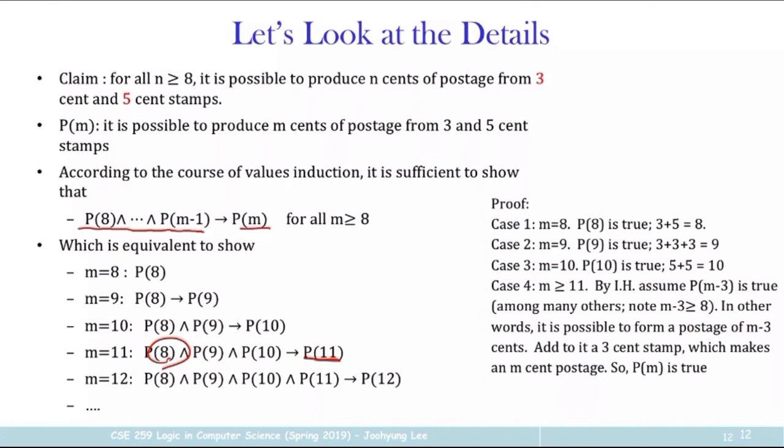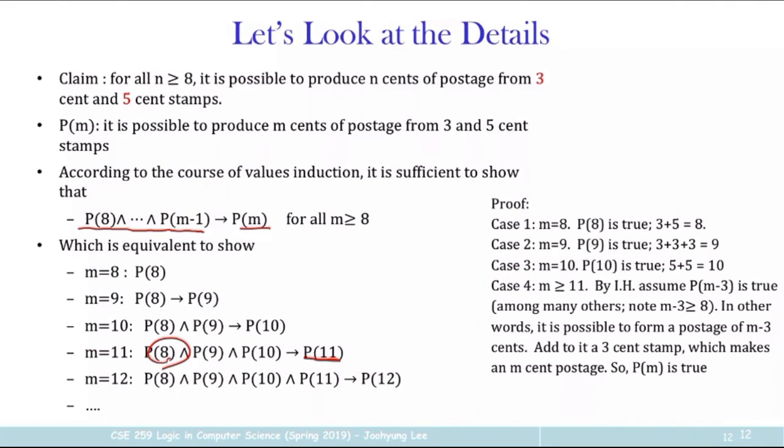So case 4, when m is at least 11, then by induction hypothesis, P of n minus 3 is true, because n minus 3 is greater than or equal to 8. Okay, so it is possible to form a postage of m minus 3 cent by induction hypothesis. So you can add 1 3-cent stamp, that makes m minus 3 plus 3 is m cent postage. So P of n is found.